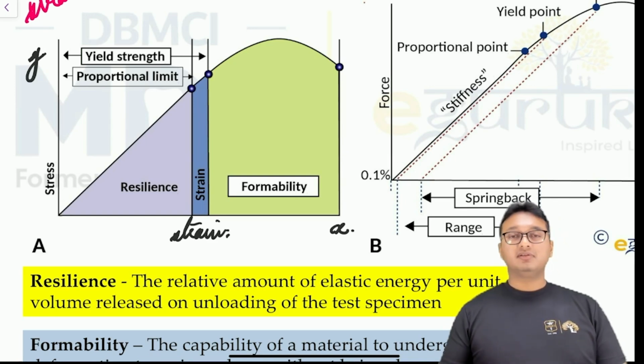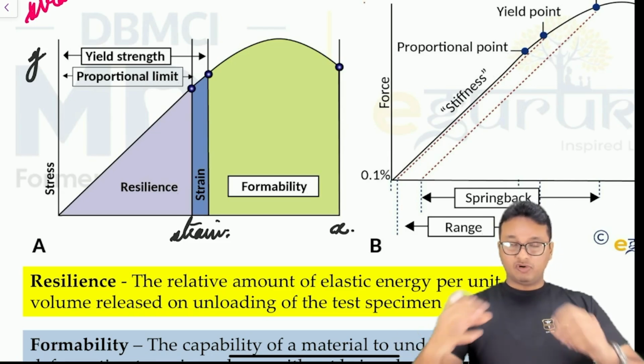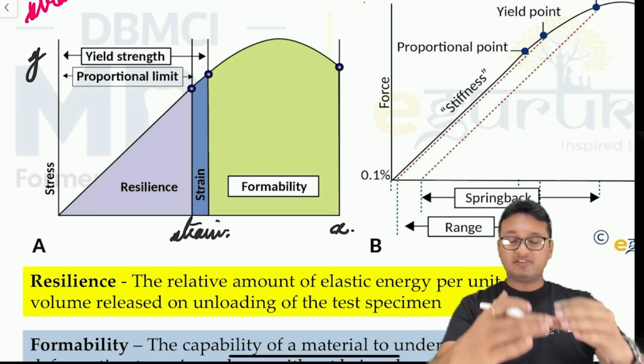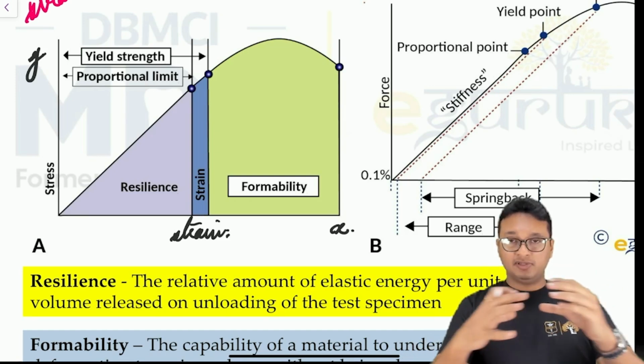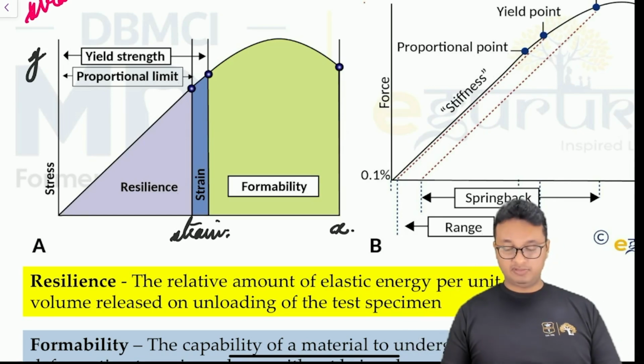What is strain? Strain is the change in length per unit length. Whatever amount of change in dimension you have obtained is divided by the original length of that particular wire. That is called strain, and it is expressed as a percentage value.